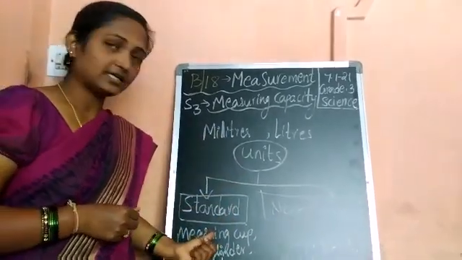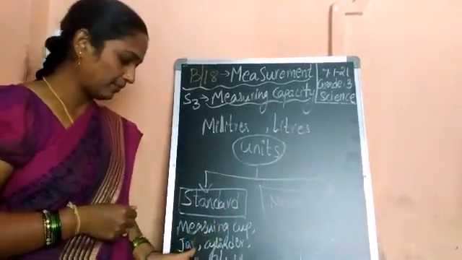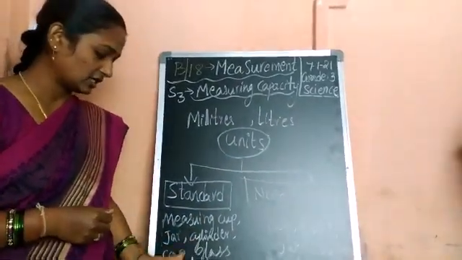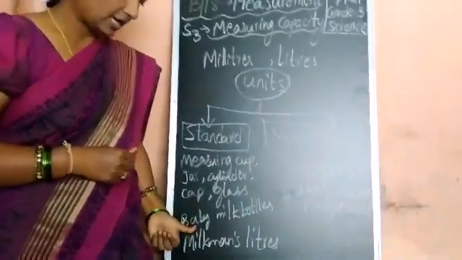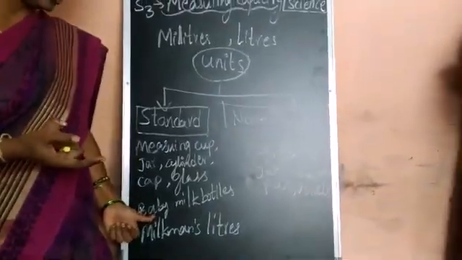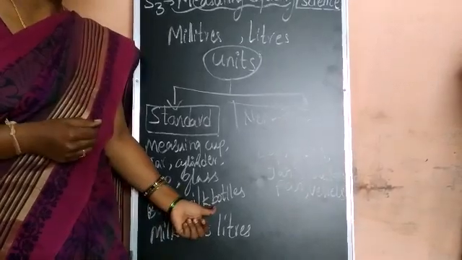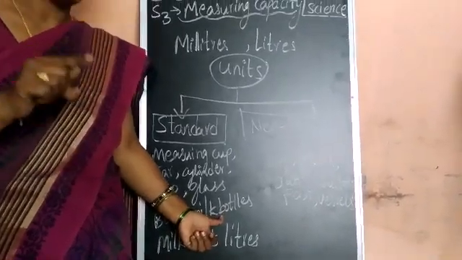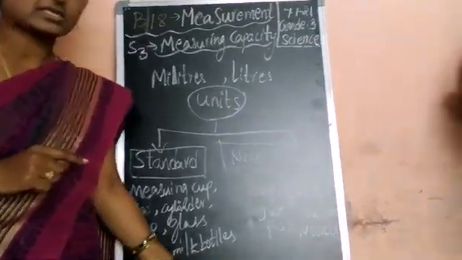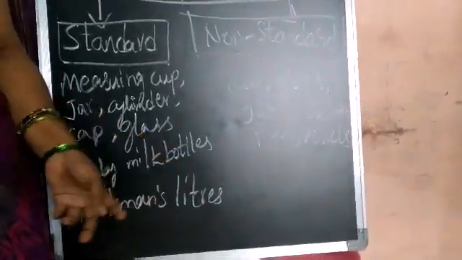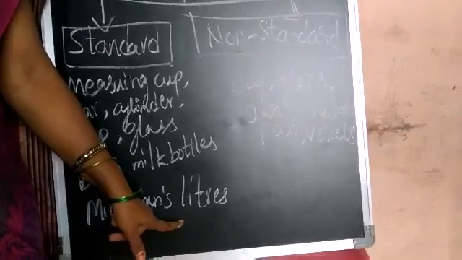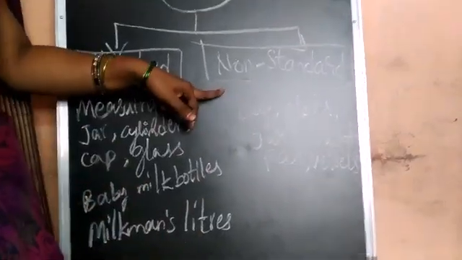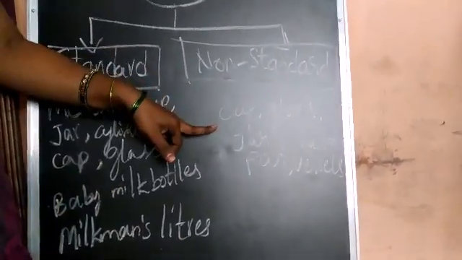The standard units are like measuring cup, measuring jar, cylinder, cap, glass, and we can also measure liquids by baby milk bottles. They also have numberings. And milkman's liters can also be used to measure liquids. Now we can see the non-standard.